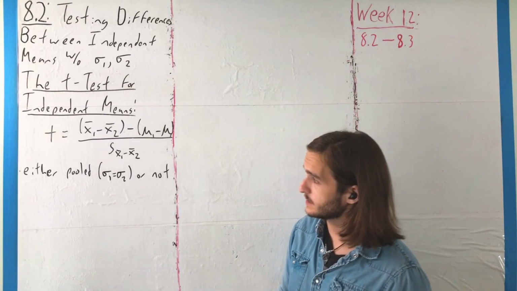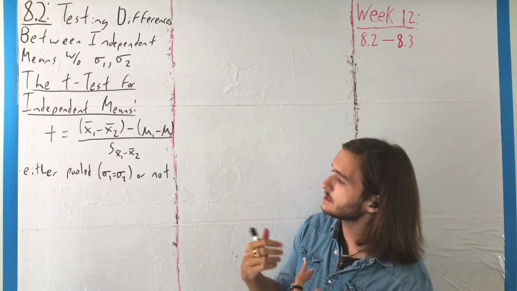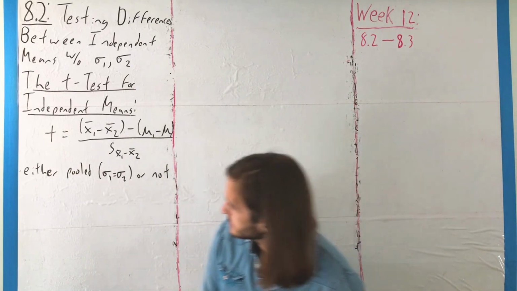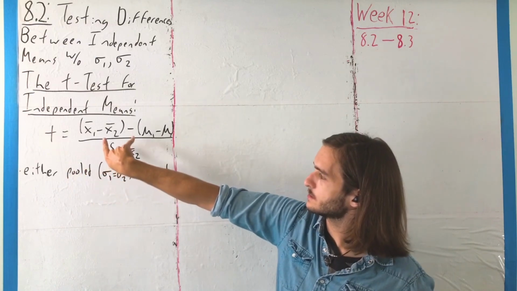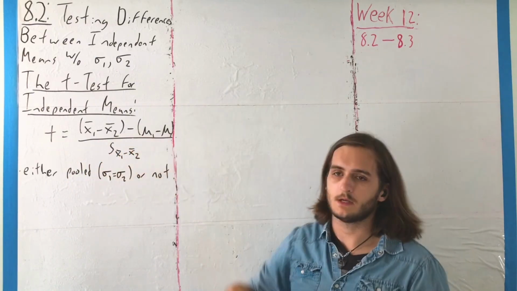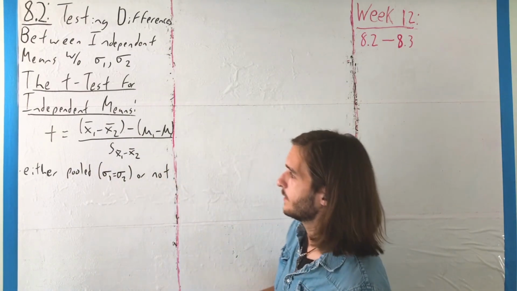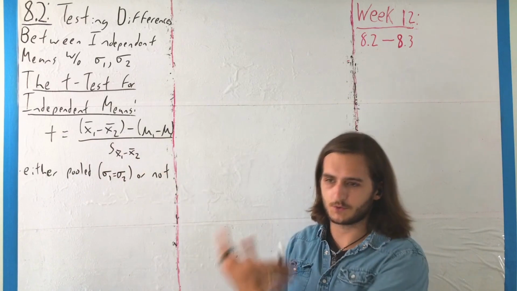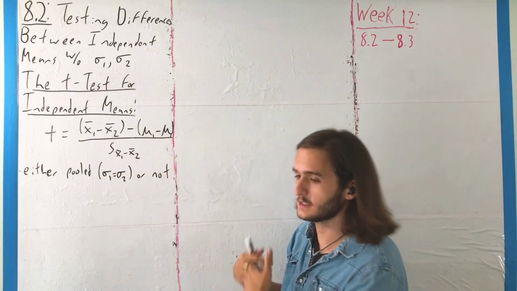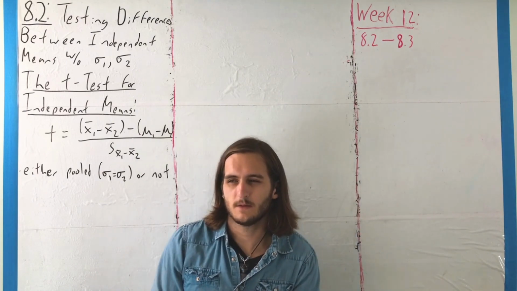As far as performing a test goes, we are still using a test statistic, a t-score, like before. We're looking at something like the distance from a mean of a sample to a mean of a population divided by a standard error term, where in this case the mean of the sample is really a difference of means, as is the mean of the population.